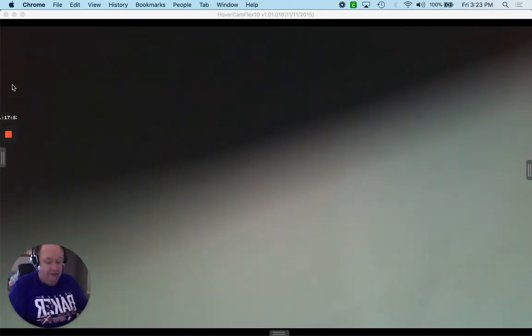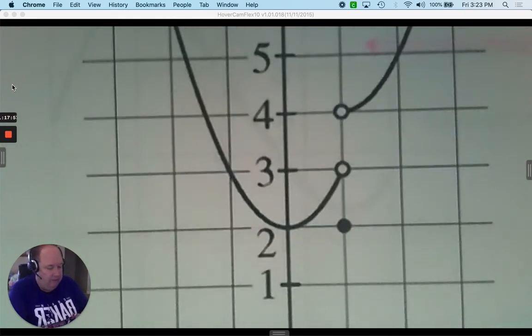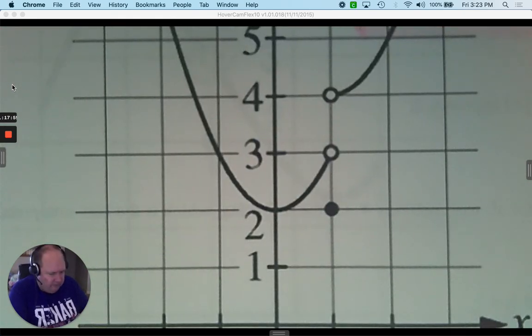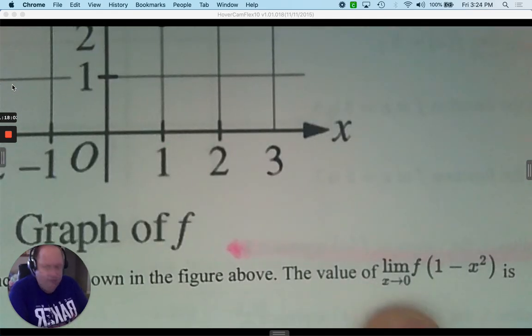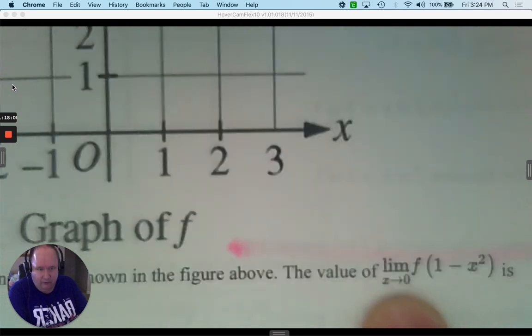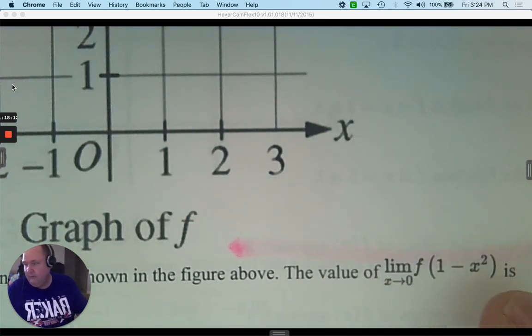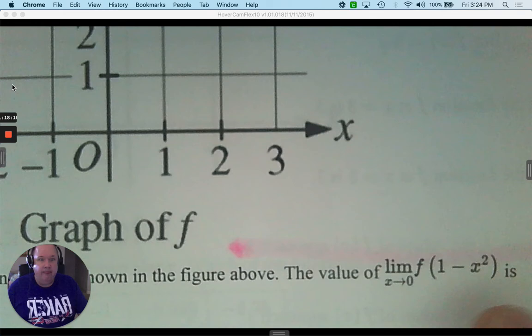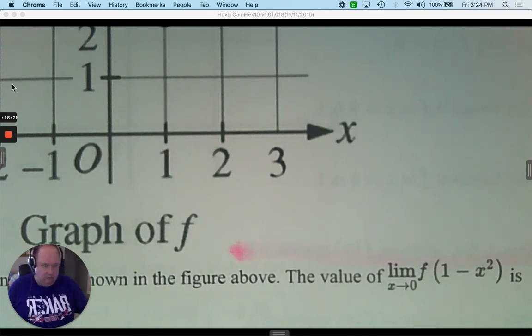So the big ideas were limits and continuity, and we did some other calculus tools as well. The graph of the function f is shown above. What's the value of the limit as x approaches 0 of this function, 1 minus x squared? So when I look here, I would substitute 0 in. And what's the value as x approaches 0?